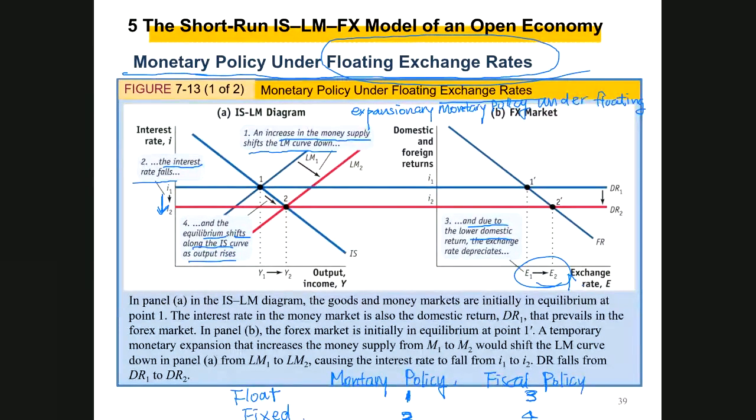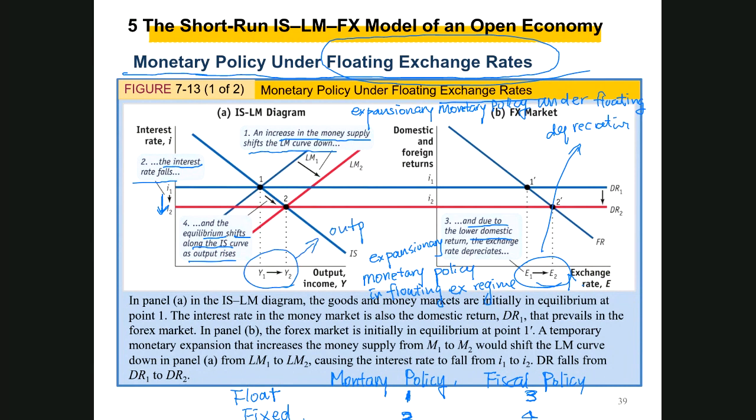So expansionary monetary policy in a floating exchange rate regime will cause depreciation of the currency and output to increase.